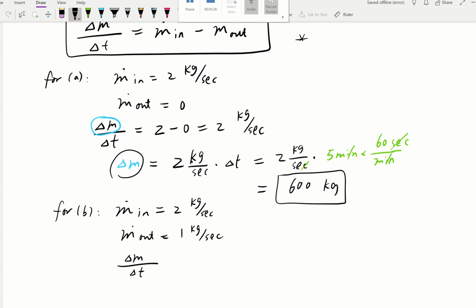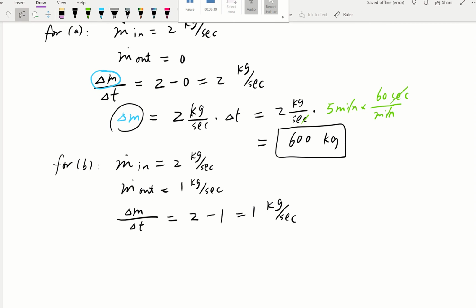Over delta t, this 5 minutes of time, that will be mass flow rate coming in minus mass flow rate coming out. That will be 1 kilogram per second. That means every second you will see 1 kilogram of mass increase. And you want to see exactly how much this mass increases during 5 minutes of time. So solving this, that would be delta t times this 1 kilogram per second, right? This delta t is also 5 minutes, and that will give us 300 seconds.